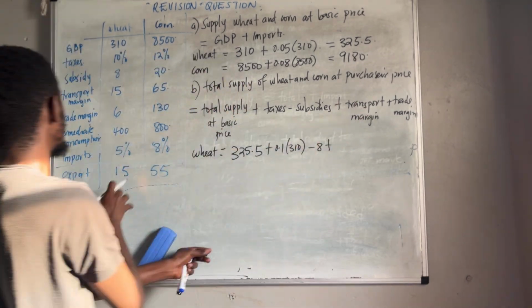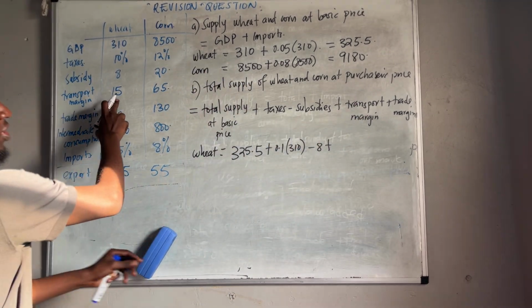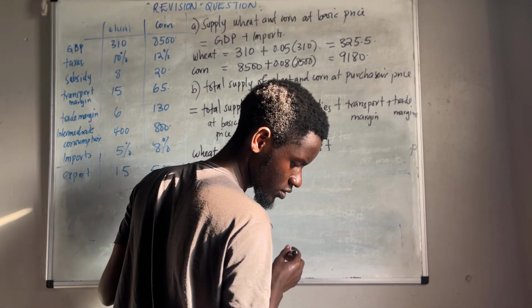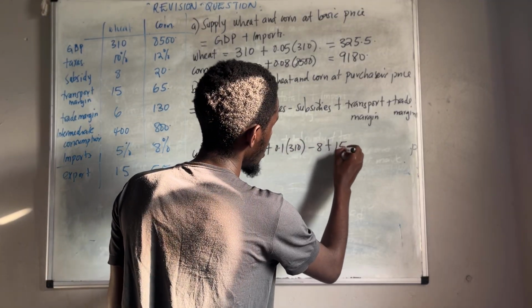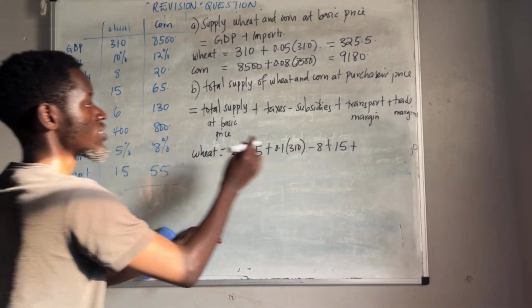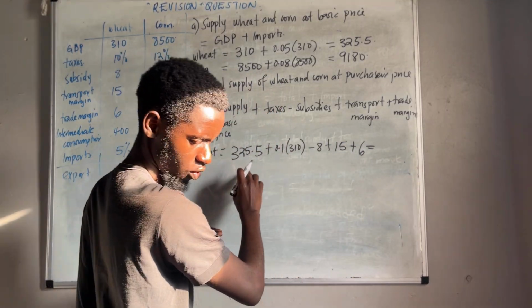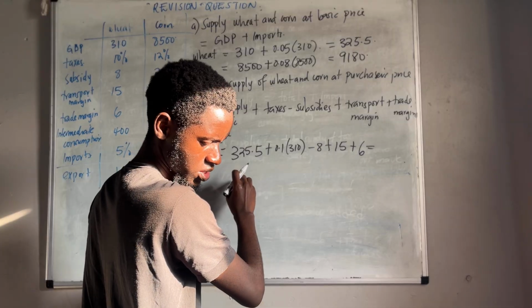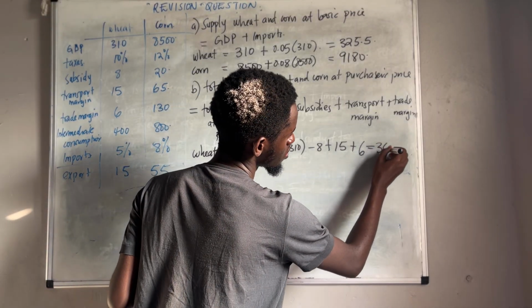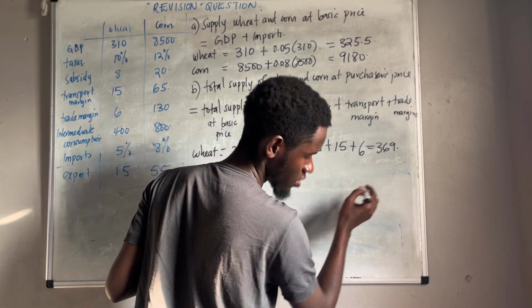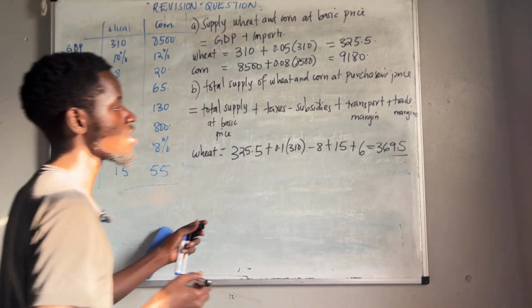Now plus transport margin, which for wheat is 15, plus 15. And then plus the trade margin, which is 6, plus 6. If you add the whole of this, your answer is going to be 369.5. Yes, this is our answer.